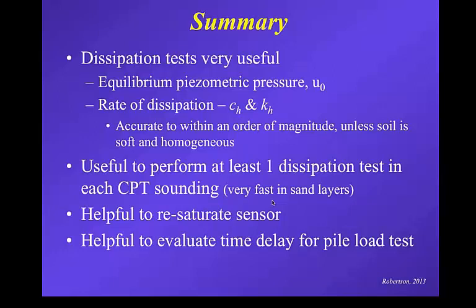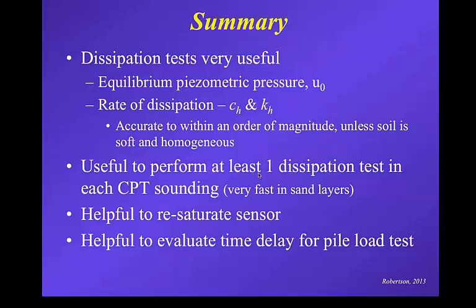So then, in summary, dissipation tests are a useful thing to do. They do provide you with an equilibrium piezometric pressure if you let the pore pressure dissipate all the way down to equilibrium, so you can get the piezometric pressure and also estimate the piezometric level and determine whether or not the profile is hydrostatic. And then the rate of dissipation gives you an idea, at least to within an order of magnitude, of the coefficient of consolidation, primarily in the horizontal direction.